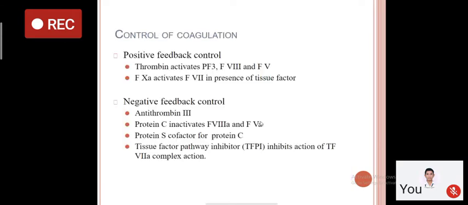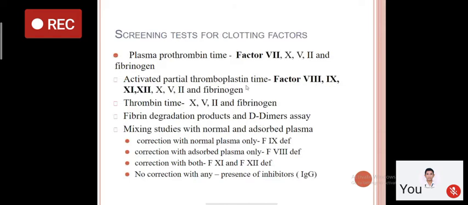So the prothrombin time depicts the integrity of your extrinsic pathway. This means whether the levels of factor 7, factor 10 or 5 are in the physiological range or not. In patients who have factor 7 deficiency, the prothrombin time is prolonged.